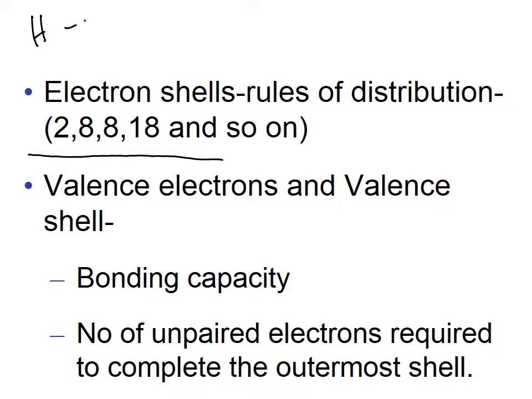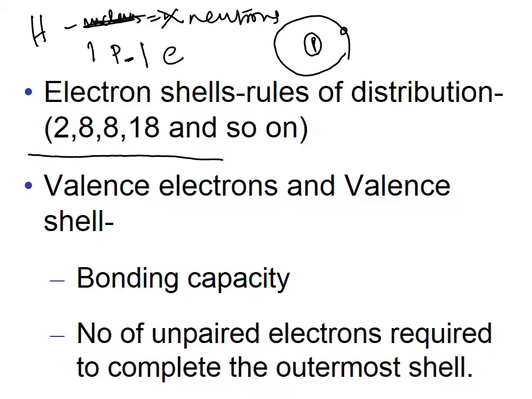Sorry, it doesn't have neutrons, no neutrons. It has one proton and one electron. That's it. This is your hydrogen. So the proton exists in the nucleus, and the electron is floating around.